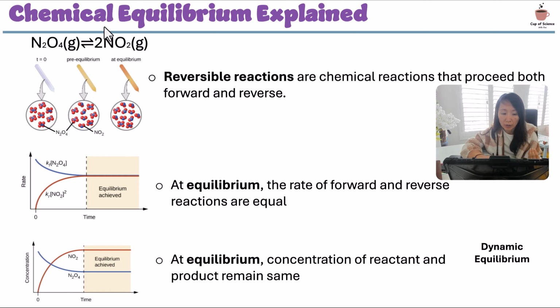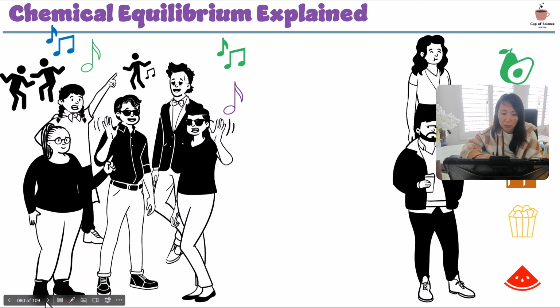Here's a better way to illustrate equilibrium and the concentration not changing. Say you're at a party and one side of the room is the dance floor and the other side is the snack area. On the dance floor, there are 8 people dancing. On the snack side, there are only 2 people eating.